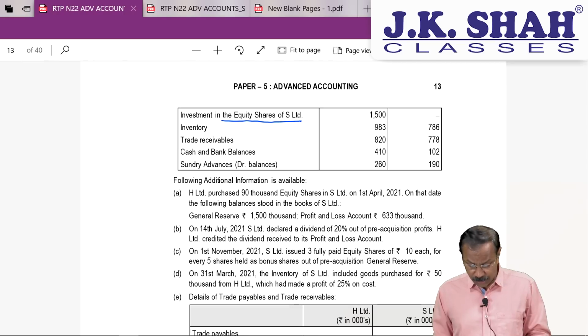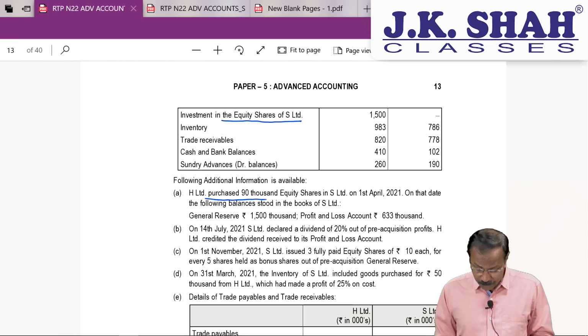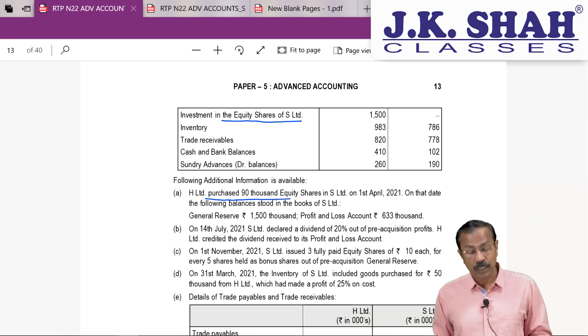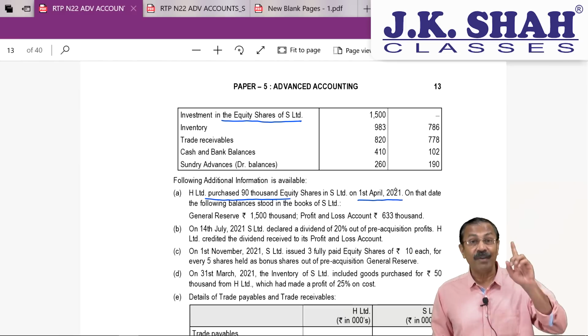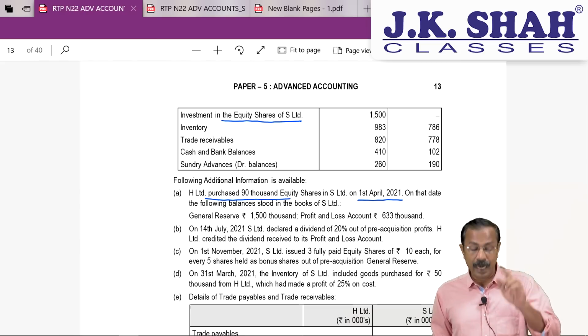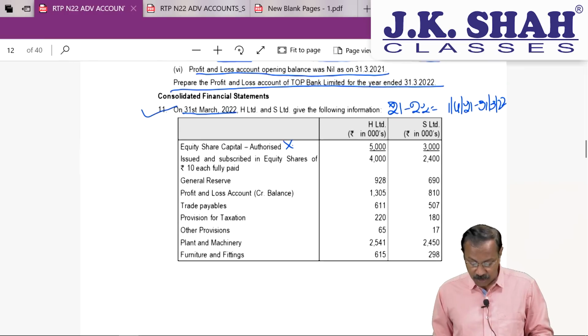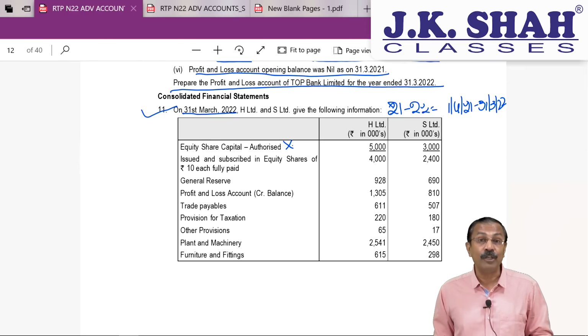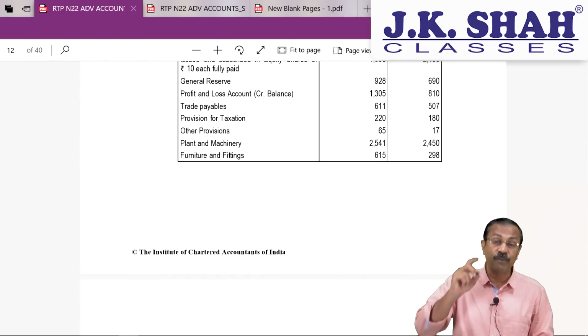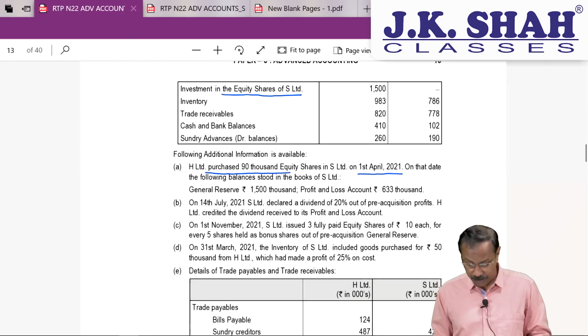Following additional information is available. H Limited purchased 90,000 equity shares in S Limited on 1st April 21, that is on the very first day of the year. Remember, at the top the balance sheet is given as on 31st March 22. So the year starts on 1st April 21.